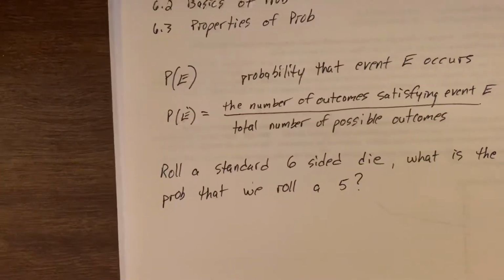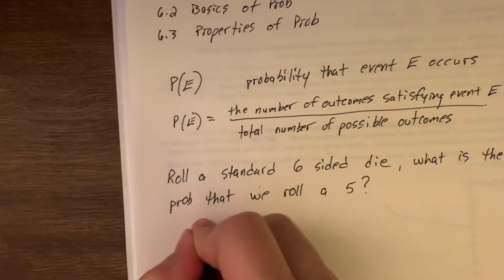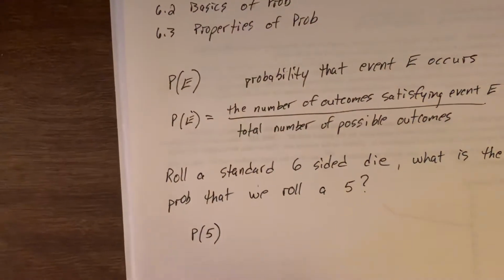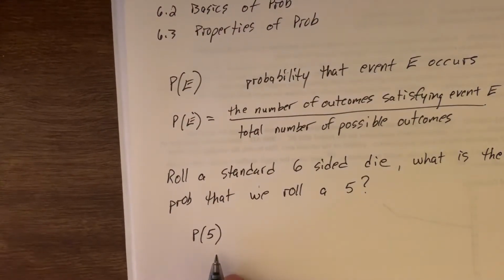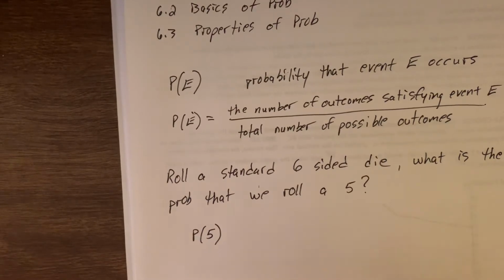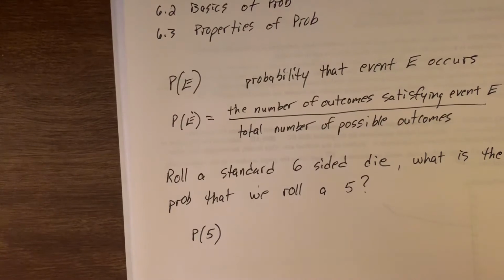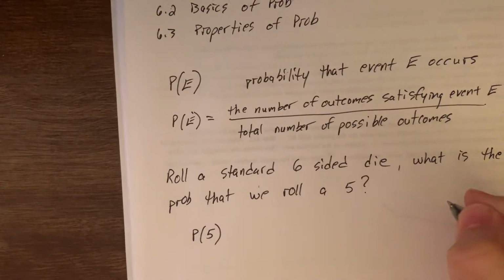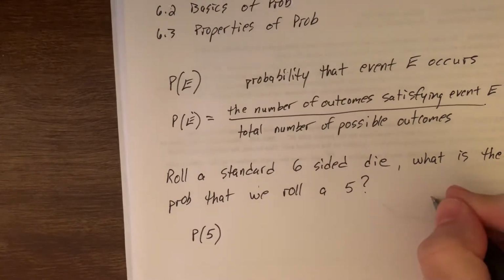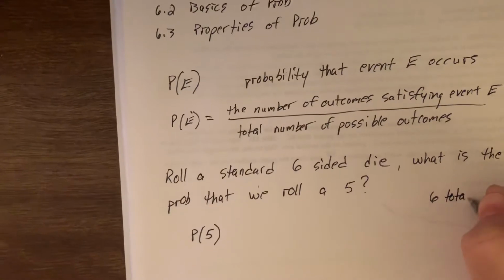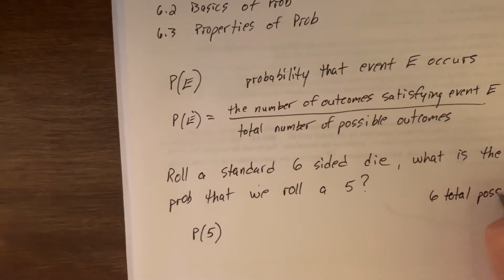So, using the notation that I've been discussing, we write P of 5, the probability of rolling that number 5, and we have to think about it. How many outcomes satisfy rolling that number 5 out of the total number of possible outcomes? Well, if we think of a 6-sided die, there's 6 sides, each side has a number on it. The number of outcomes is the total number of sides, so we have 6 total possible outcomes.